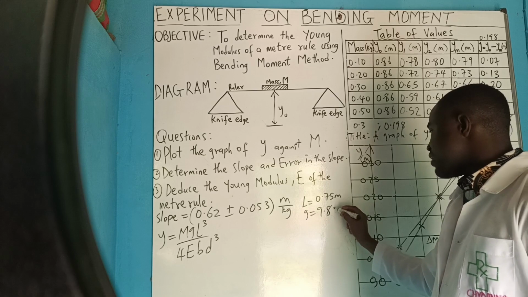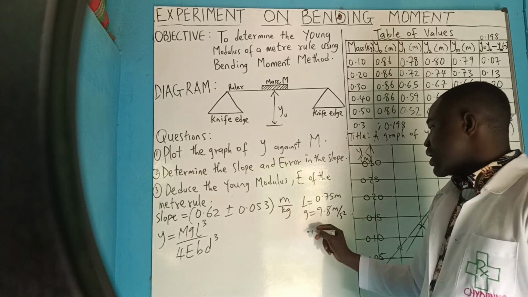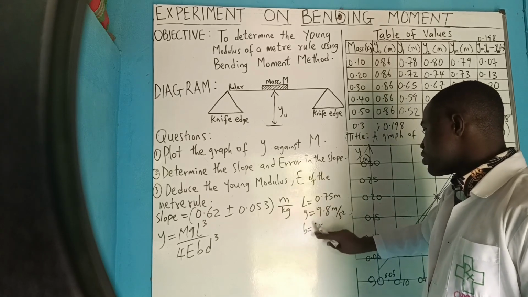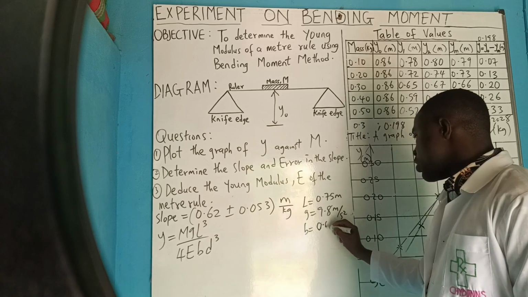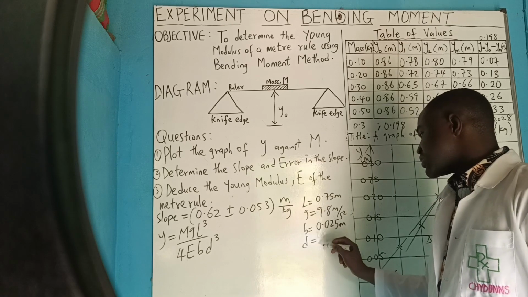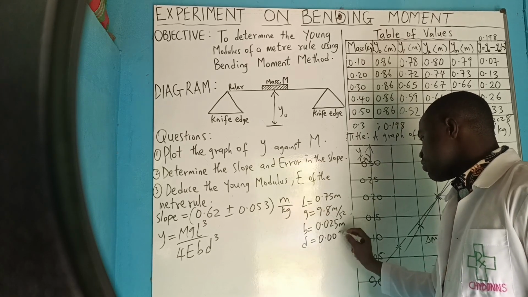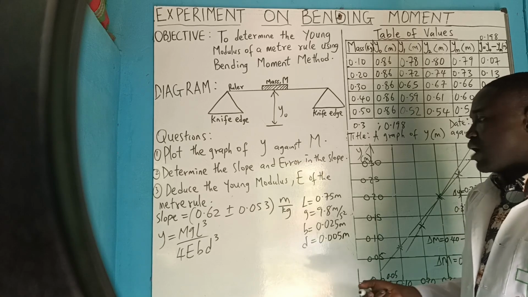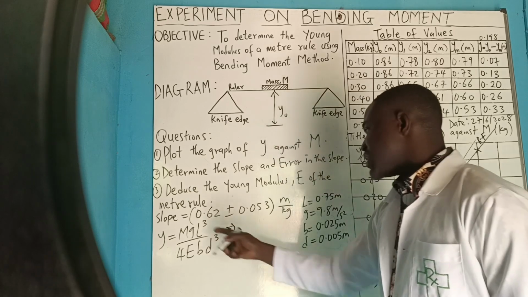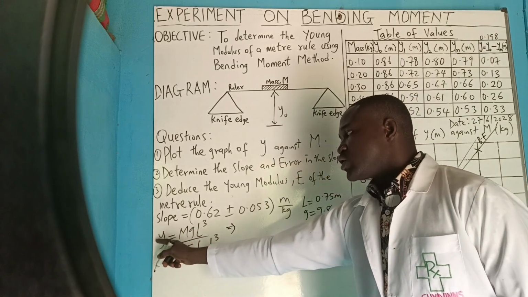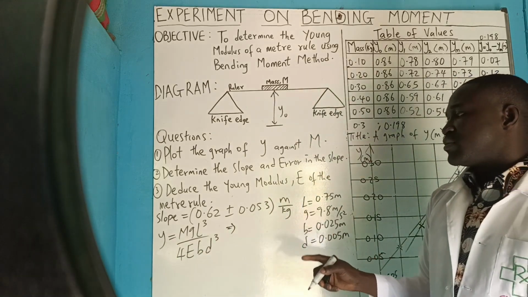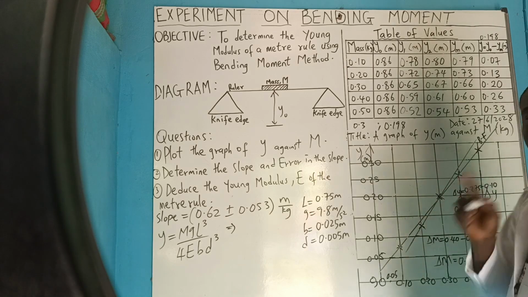Acceleration due to gravity, meter per second squared. Then our b is equal to 0.025 meters. Then our d, the thickness, is 0.005 meters. And we are to deduce the E. Rewriting this formula, if m comes down here, it becomes y over m, and y over m on the graph of y against m is the slope.